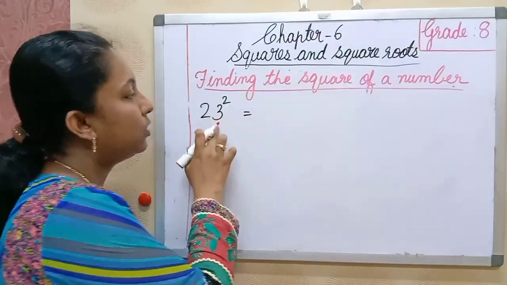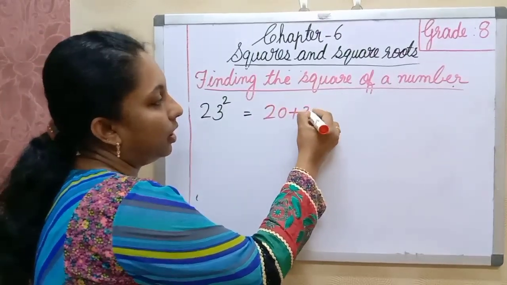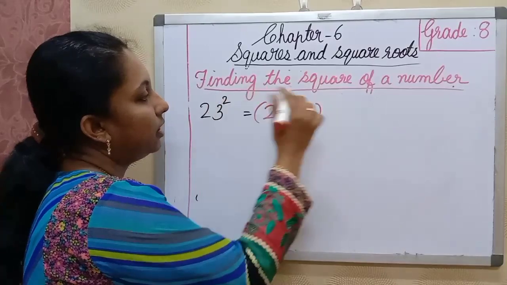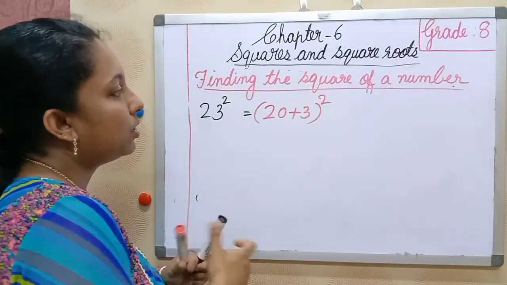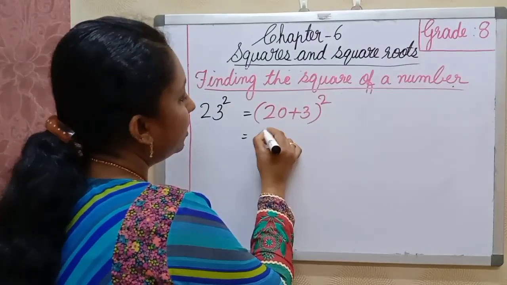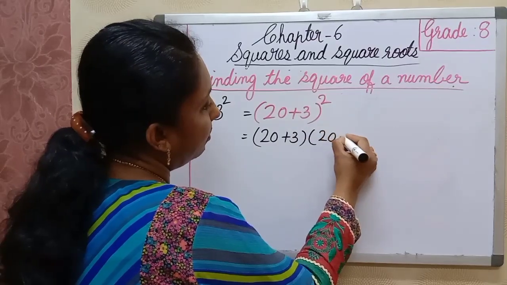Without using actual multiplication, how can we find the square of 23? 23 we can write 20 plus 3. The 23 square is 20 plus 3 the whole square. That is 20 plus 3 into 20 plus 3.